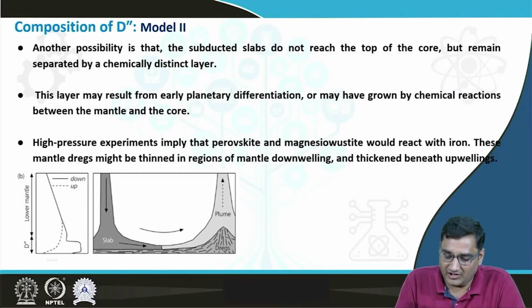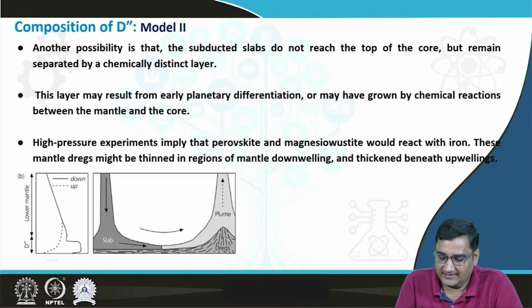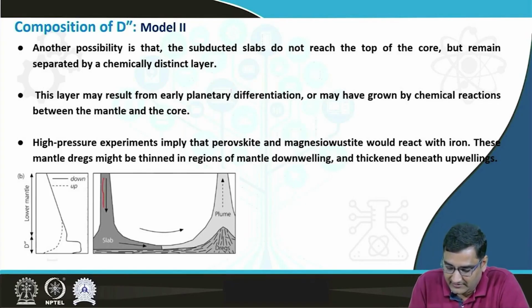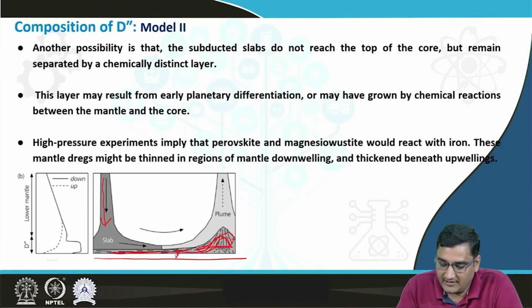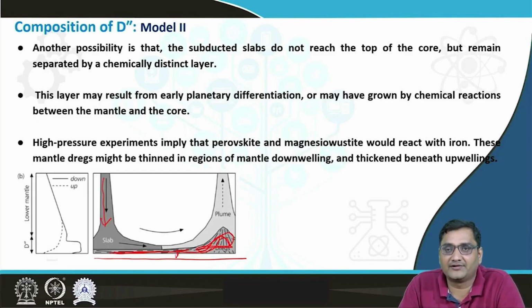There is another model that was proposed, that the subducting slab does not reach the top of the core, but remains separated from the core by this particular layer over here. This is considered as D double prime, and this layer may result from early planetary differentiation or may have grown by chemical reactions between the core and the mantle.